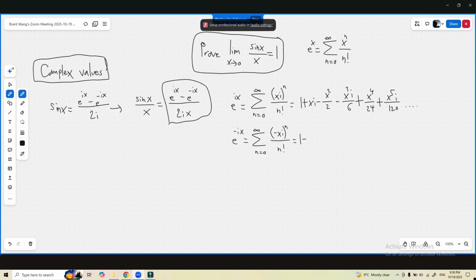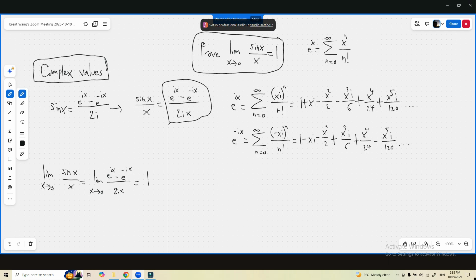This is equal to 1 minus xi minus x squared over 2 plus x cubed i over 6 plus x to the 4 over 24 minus x to the 5 i over 120, etc., etc. So, therefore, the limit as x goes to 0 of sine x over x is equal to the limit as x goes to 0 of e to the power of ix minus e to the power of negative ix over 2ix.